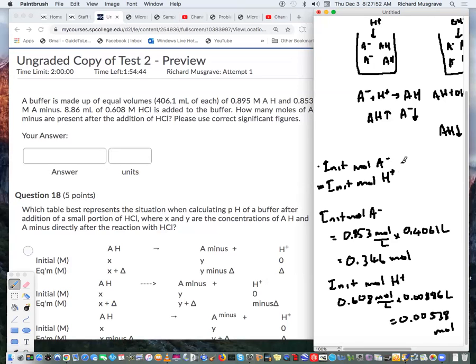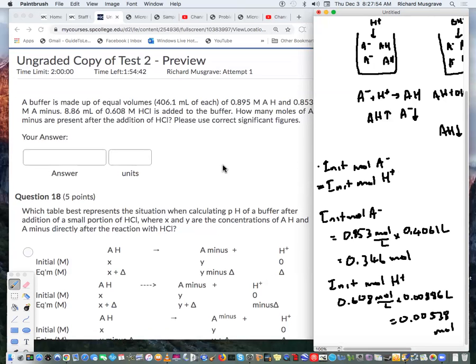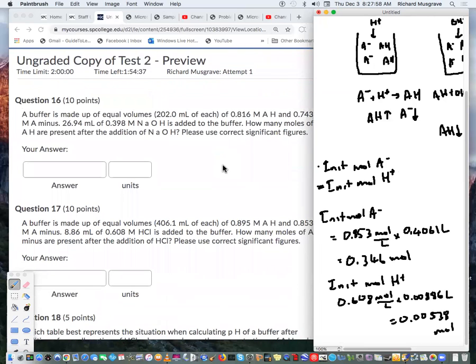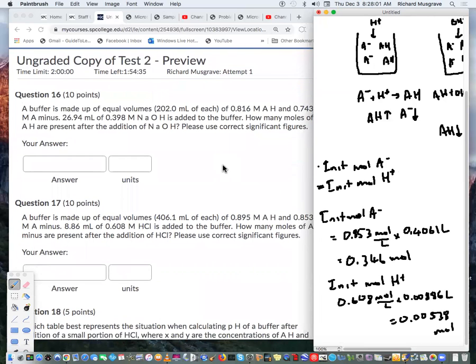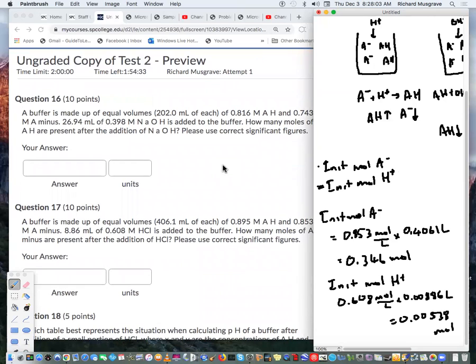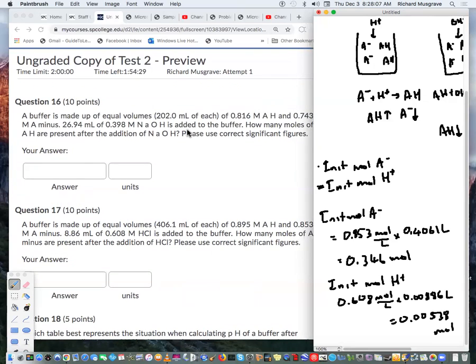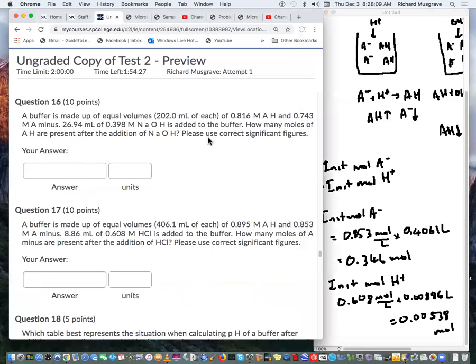All right, is that okay, Alex, for that one? Yeah. Okay, I think I just did number 17, sorry. That wasn't 16. Now to do 16, we're looking for AH after we add sodium hydroxide. So you can see that what happens there is that the AH will go down and the A minus will go up.